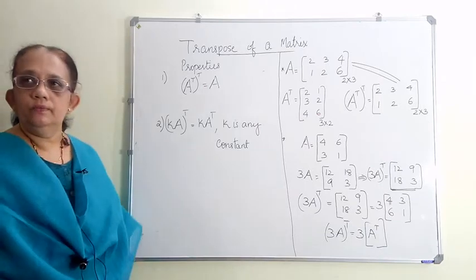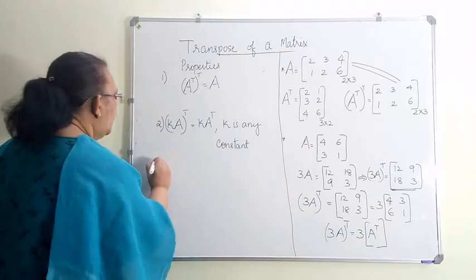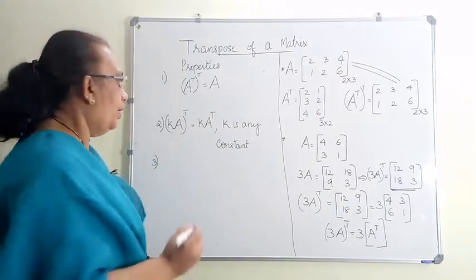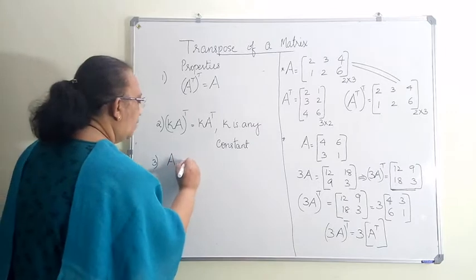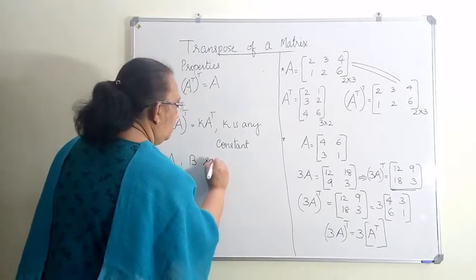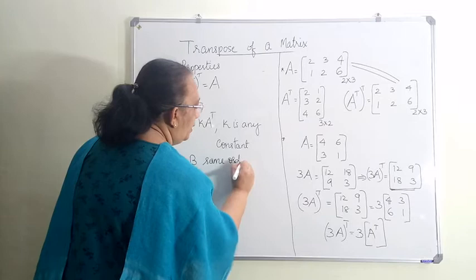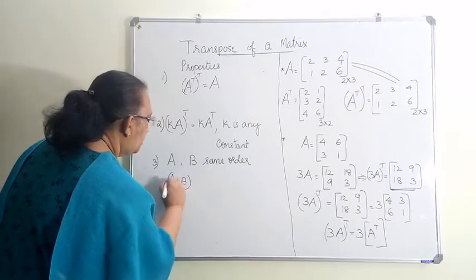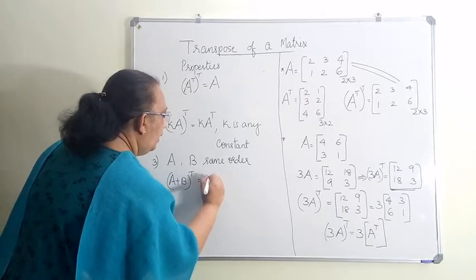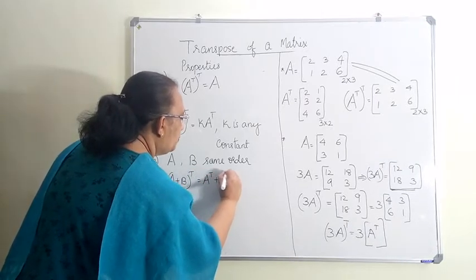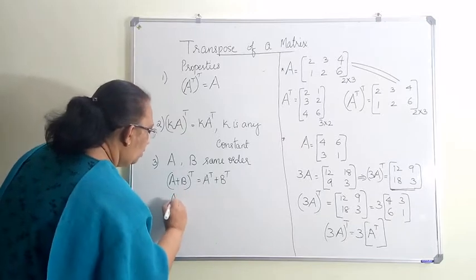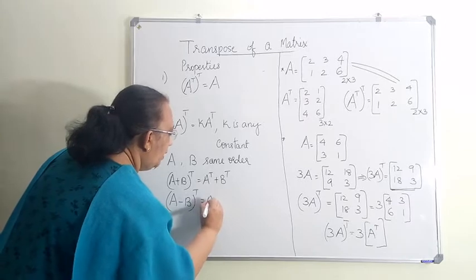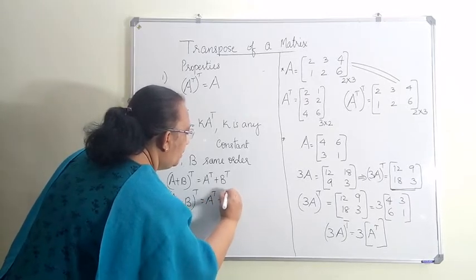This is the second property of transpose. Is it clear to you? Yes. Okay. Now the third property is, for any two matrices of the same order, A plus B the whole transpose is equal to A transpose plus B transpose, and also A minus B the whole transpose is equal to A transpose minus B transpose.